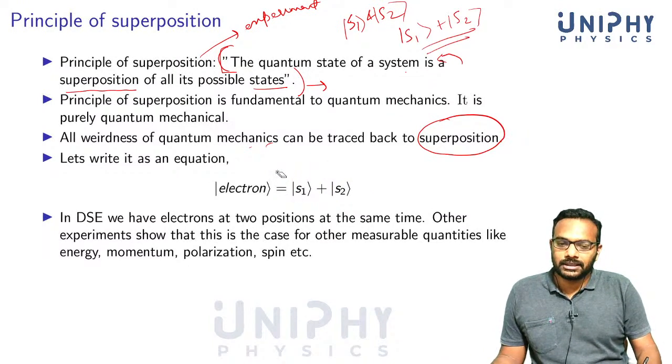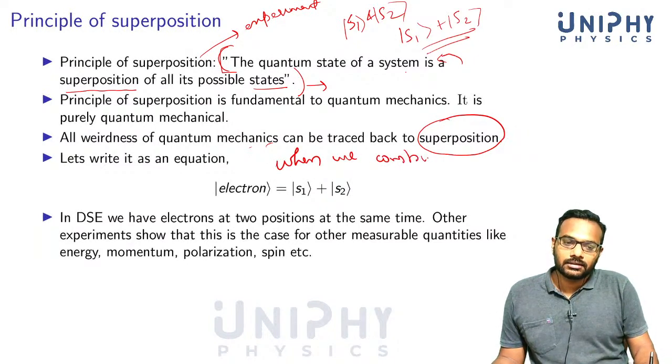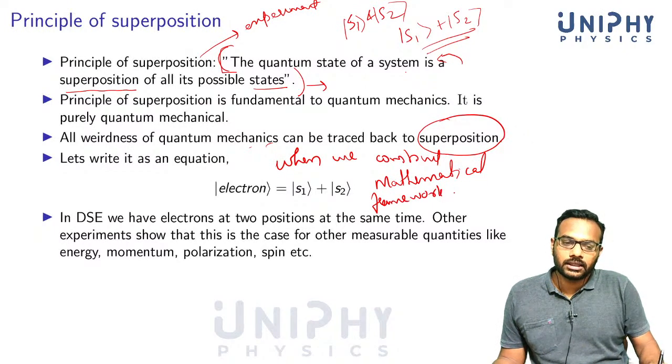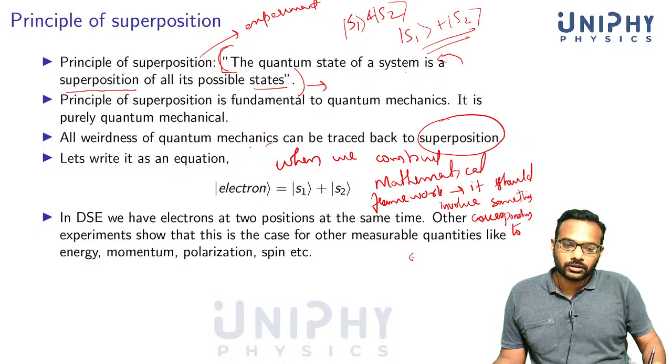I'll just repeat it. When we construct the mathematical framework, it should involve something corresponding to an electron being in different states at the same time.